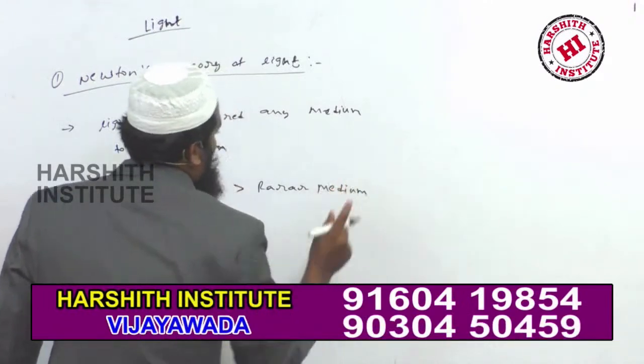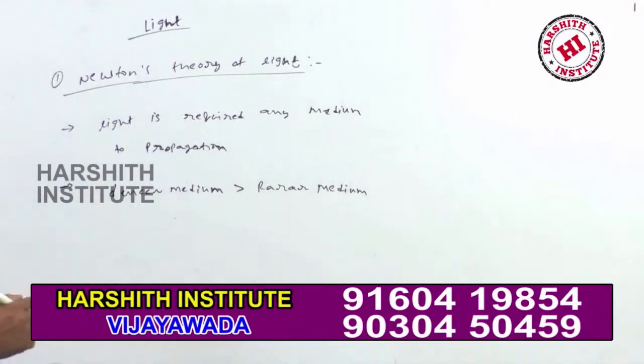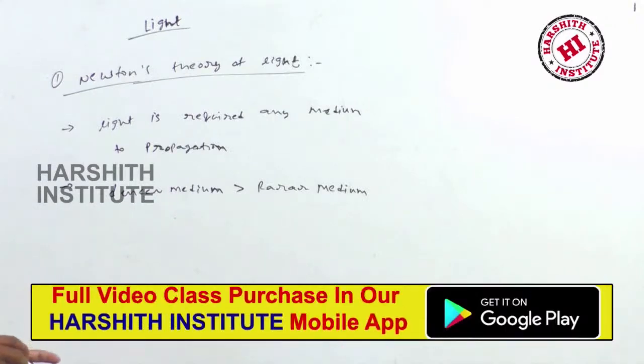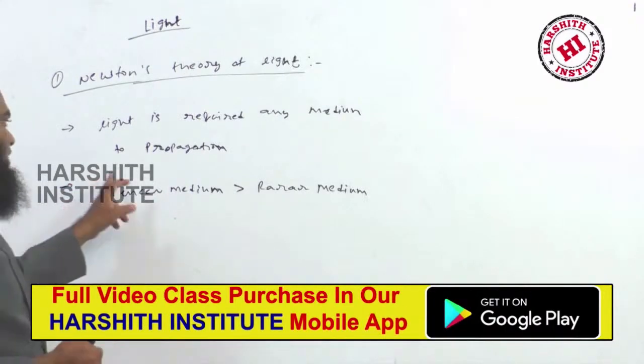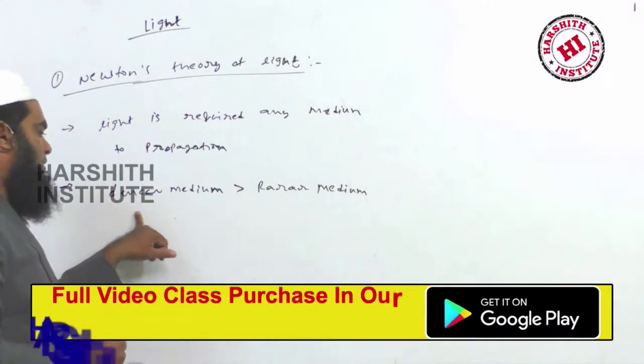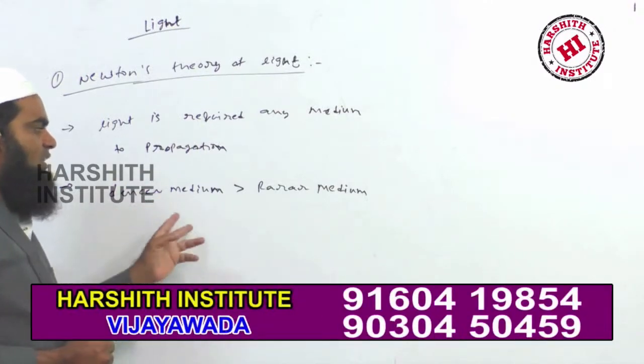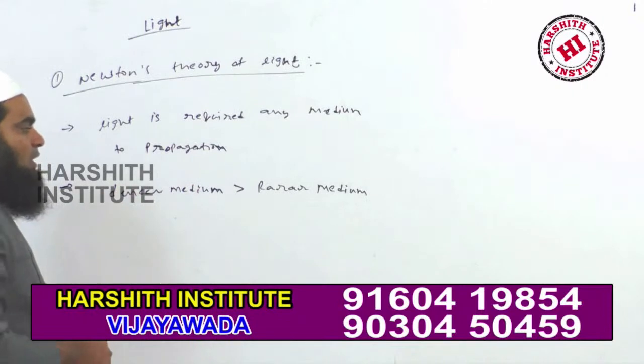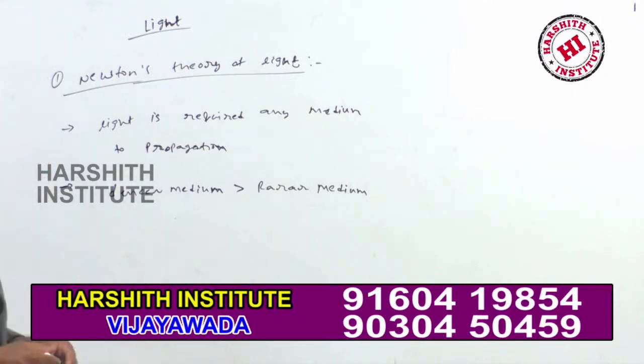According to Newton, the velocity of light is more in a denser medium and less in a rarer medium.